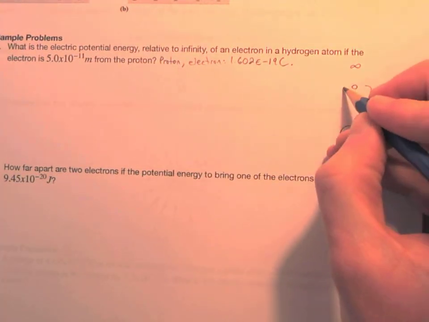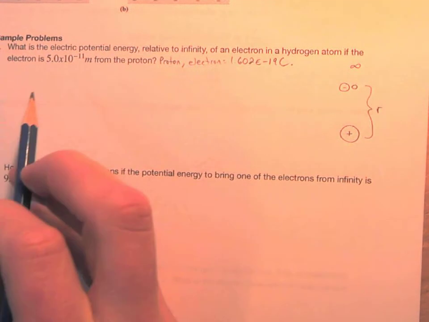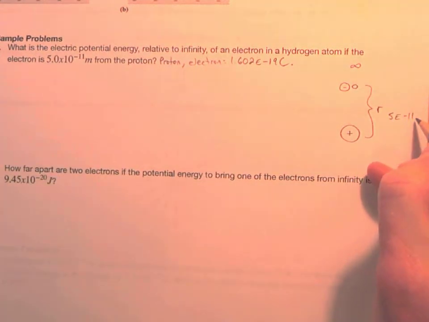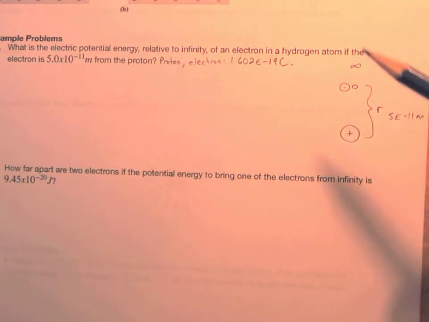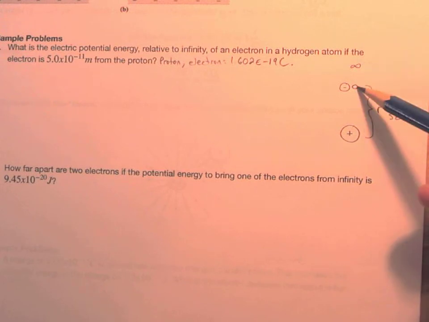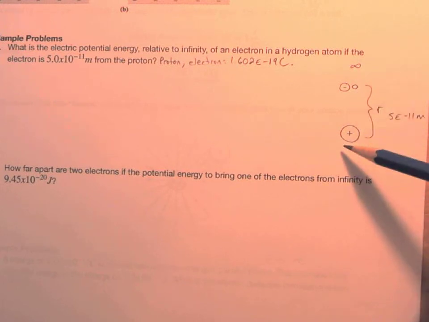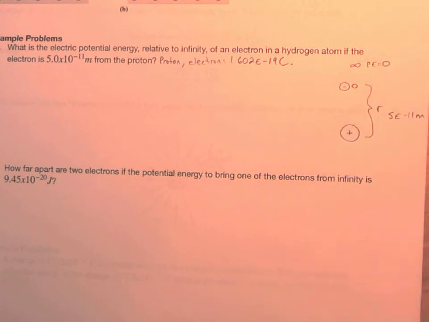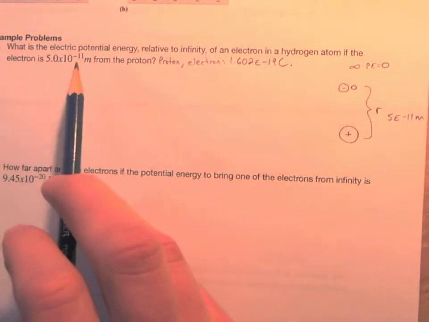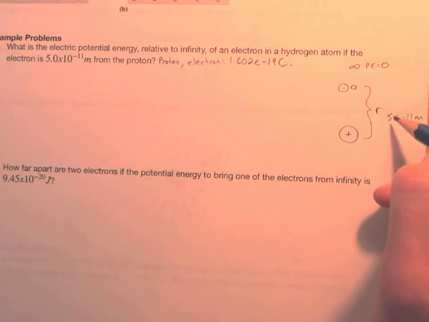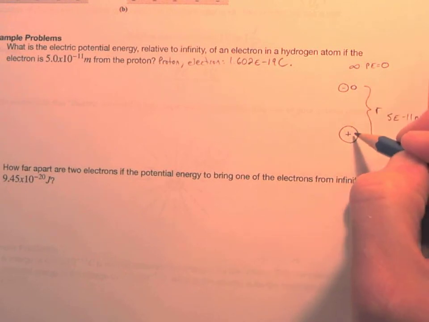So this one's going to be the negative charge, and r is going to be 5 e to the negative 11 meters. So potential energy is 0. Since they're the same, as you get closer you lose potential energy. So potential energy is 0 over there. So it's saying, what is the electric potential energy if the electron is this close to the proton?